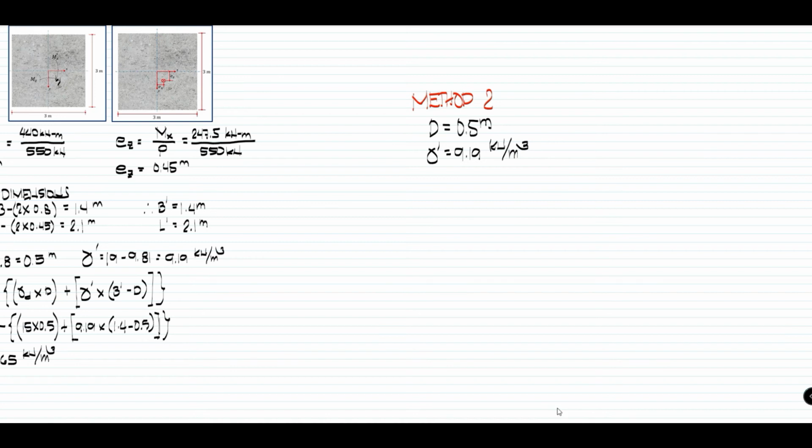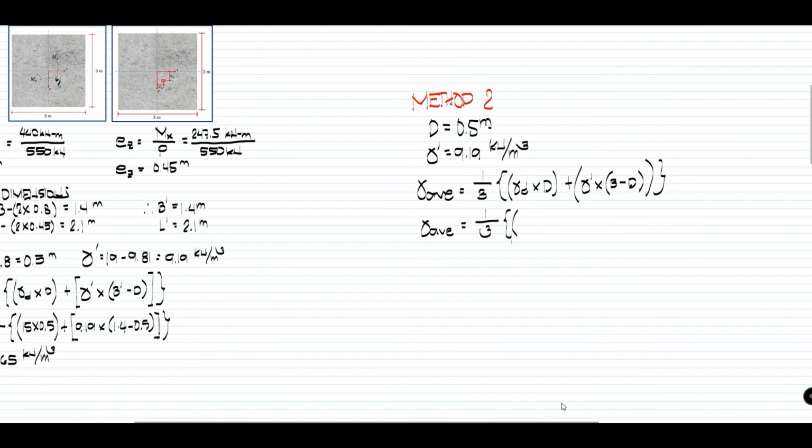So, our gamma average for method 2 will just be 1 over B, so times gamma dry times D plus gamma prime times B minus D. So our gamma average will just be equivalent to 1 over 3 times the gamma dry is 15 times 0.5 plus gamma prime is 9.19 times B is 3 minus 0.5.